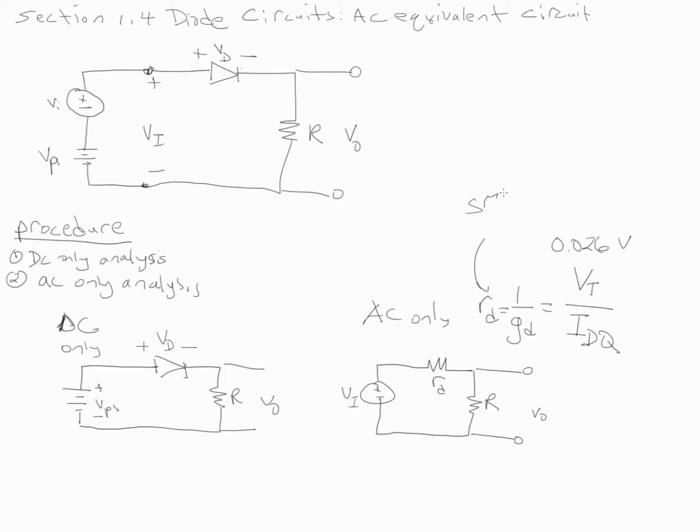So small signal resistance. And GD is what they call the small signal incremental conductance.